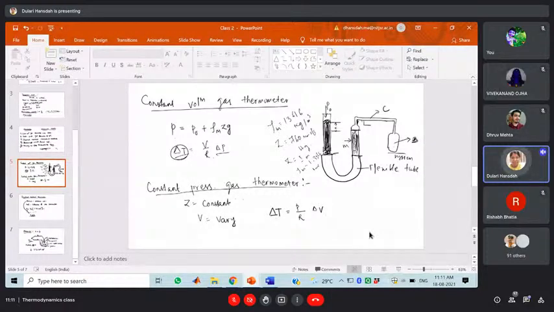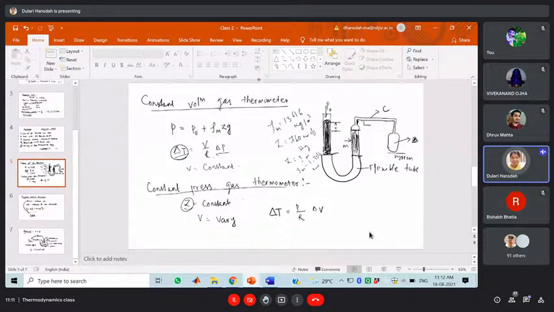Okay, so next thermometer is the constant pressure gas thermometer. In the constant volume gas thermometer, the volume is considered constant. In this case, we are considering the pressure as constant. Pressure being constant means we have to fix the difference of the height, and the volume of gas we are varying.